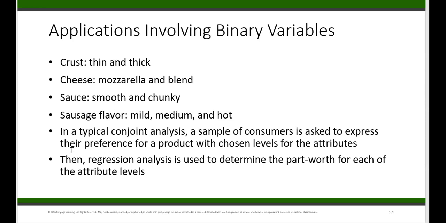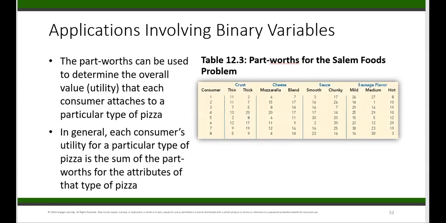All right. So regression analysis is going to be used. Now, assume that we have done that. We have done the conjoint analysis for 8 people, 8 customers. We know exactly how they appreciate different levels of different attributes, right? So we have 9 different levels.